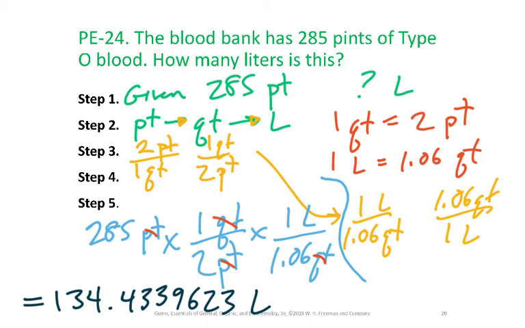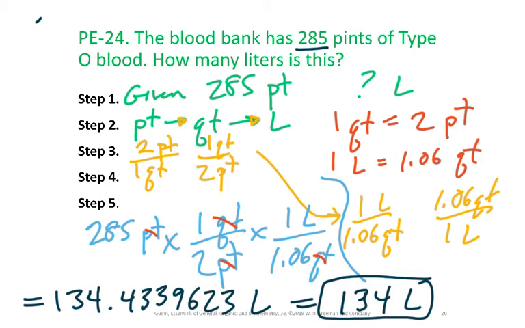So 285 pints is 3 sig figs. This conversion here is exact, so those don't count in our sig fig. And here we have 3 in this number. So we're going to round to 3 sig figs. There's your answer. So the blood bank has 134 liters of type O blood.